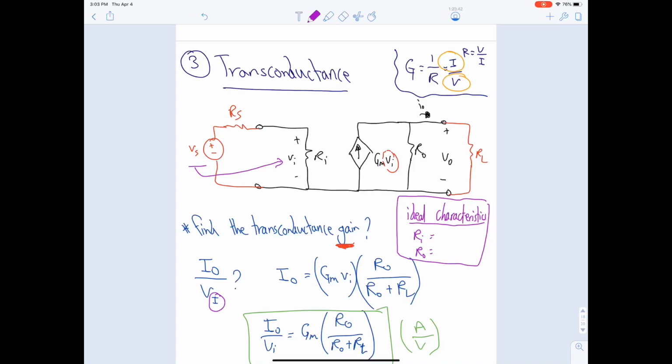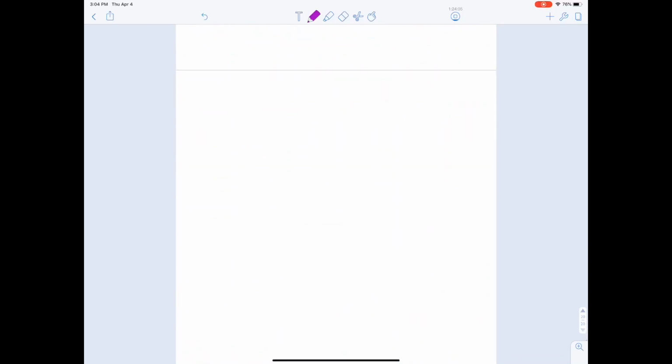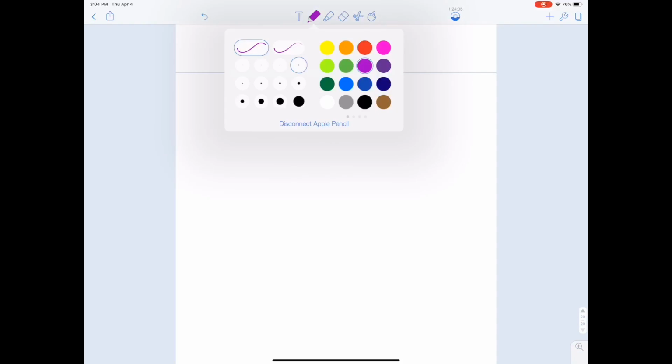Ri should become open circuit, yes, open, infinity. And now what should happen to Ro so that Vi gets propagated to Vo? This resistance should be eliminated. So we need to do what? Open circuit, yes.